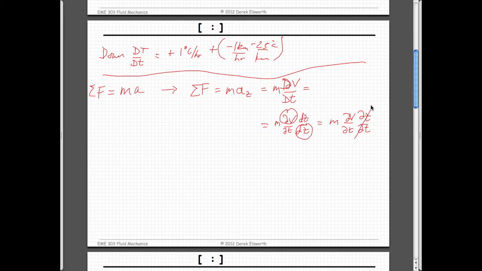So what's this? This is just velocity. So we have exactly that expression that we've used before, and the physical meaning of it, so this is this, which we've also written as what? So all of those are equivalent.